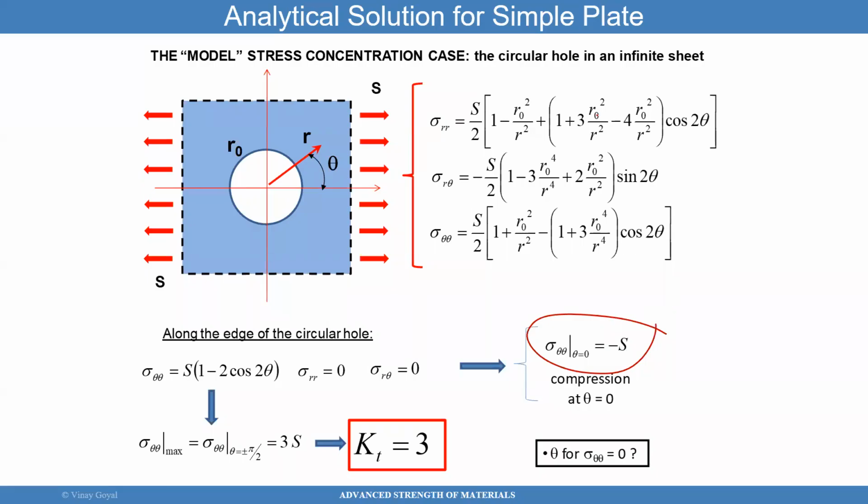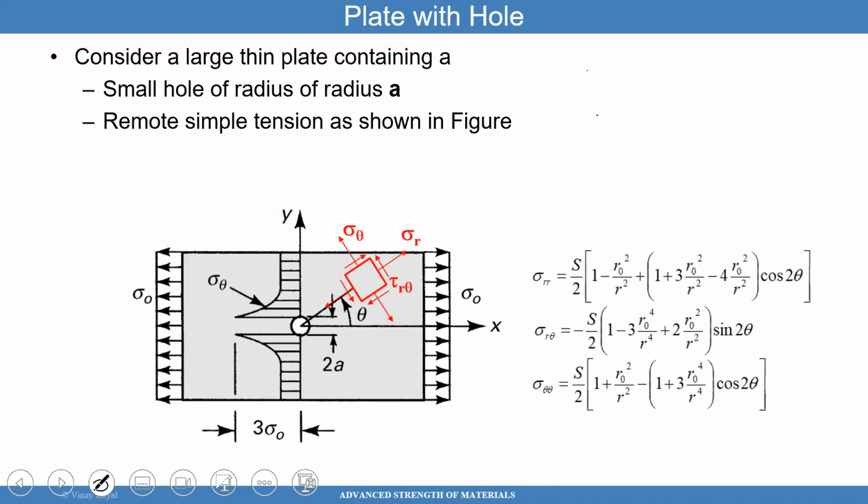Continuing on, to summarize, you have this stress field at the bottom left. You can see the stress sigma theta theta. What I'm trying to show here is sigma theta theta will drop as you go in the y direction. The hoop stress is always tangential to the hole because that's the direction in the polar coordinate system. I'm also showing the equations on the right so you can see them.